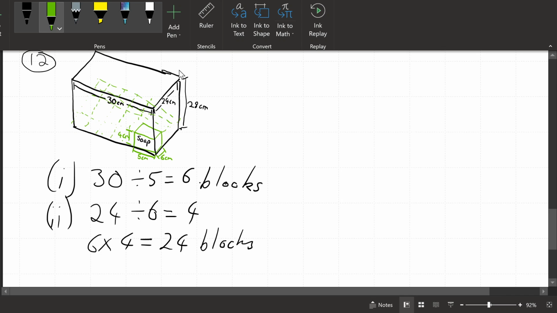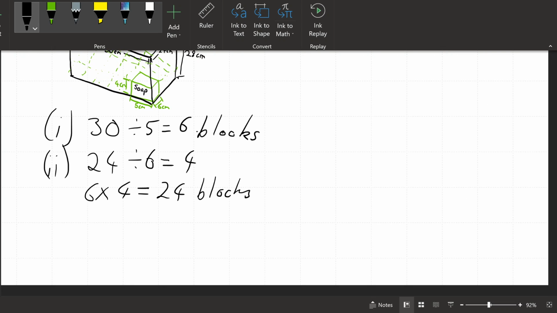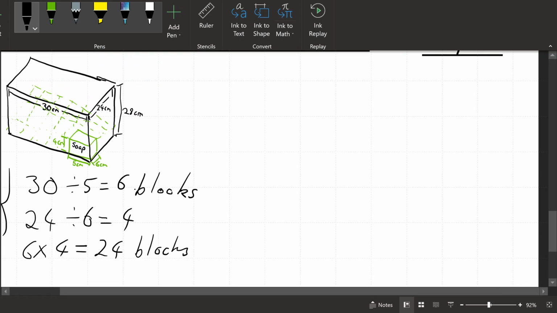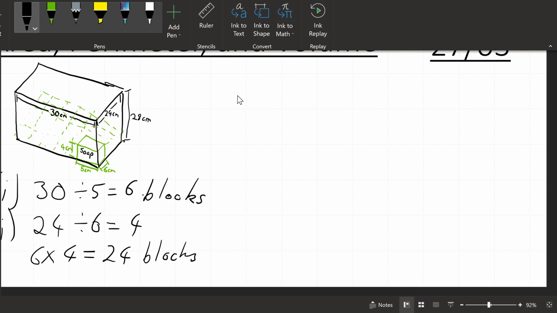Now, the final question, this third question here is, how many layers will there be when the box is full? Okay, so now we're doing a similar logic again. How many layers will there be when the box is full?